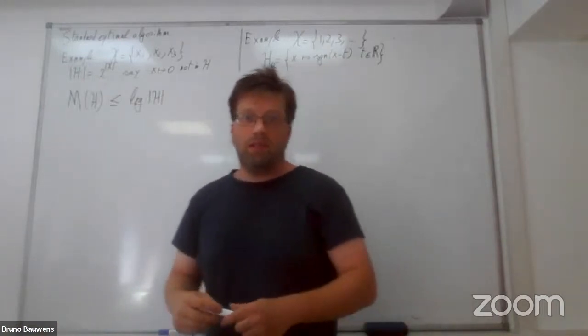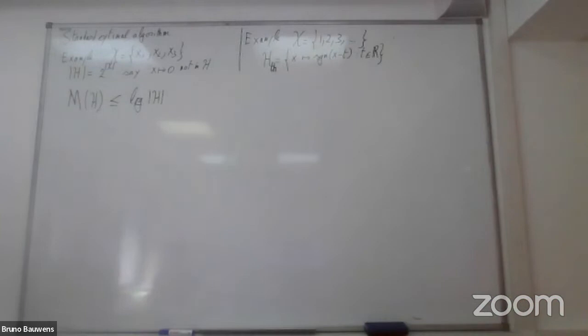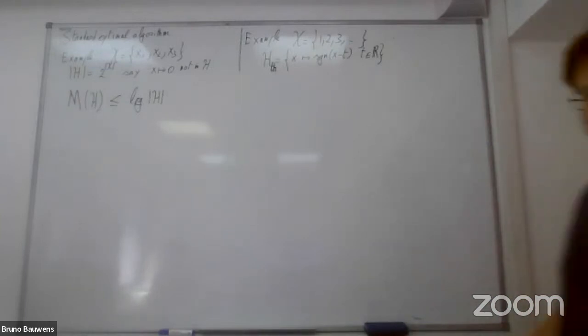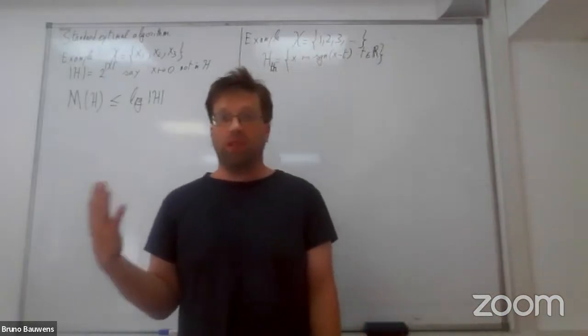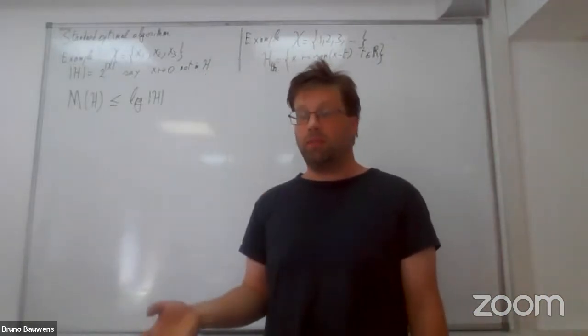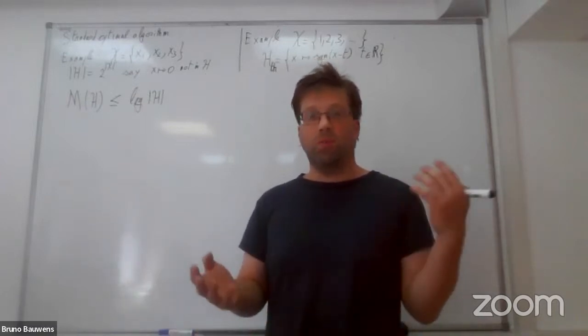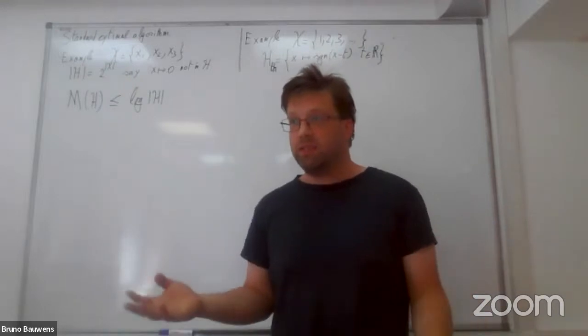Okay, so let's do. Wait, I close the door. So let us recall what the game is. In this lecture, I will use a slightly different game, but it's the same one. So let us say that now there are two players, predictor and challenger.